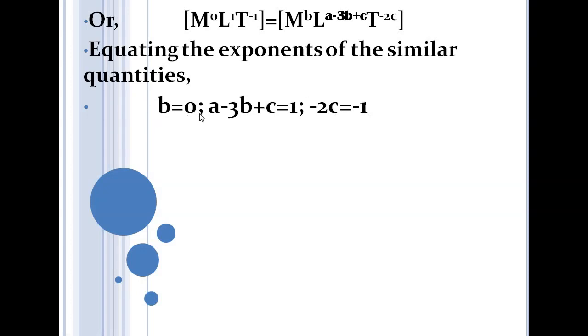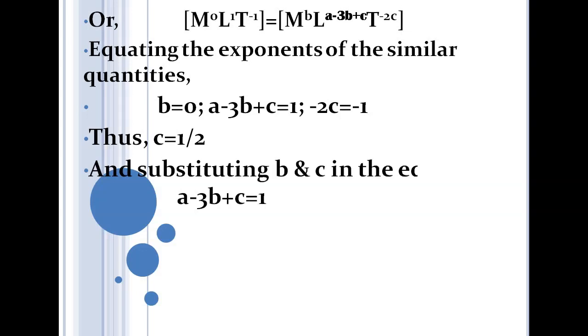Now replace the value of b and c in equation. a minus 3b, b is already 0, a plus c is only left, and replace the 1 by 2, that simply gives once again a as 1 by 2. Sorry, a equals to 1 by 2, b equals to 0, c equals to 1 by 2.